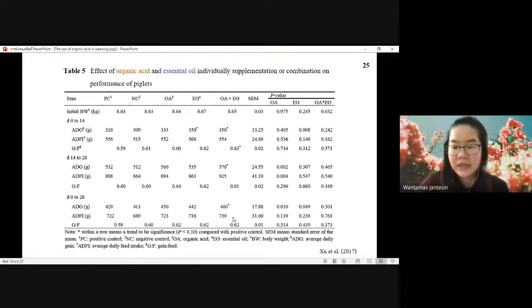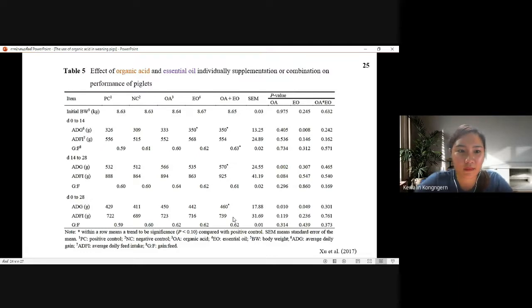Do you think there is another reason why organic acid can improve the feed intake of pigs?